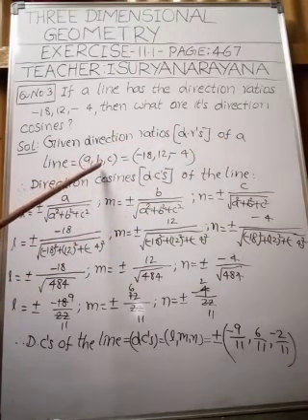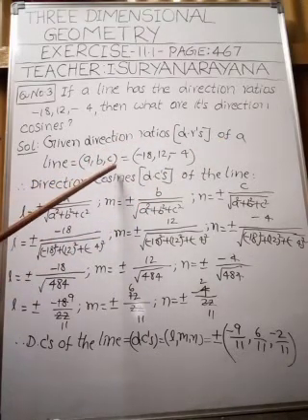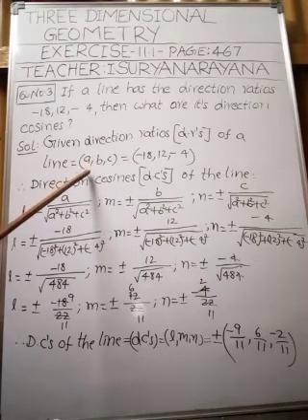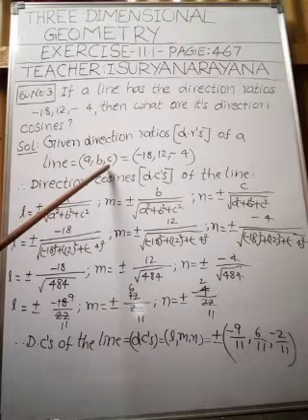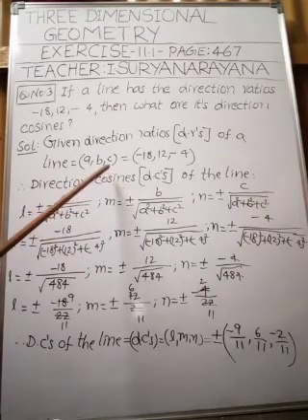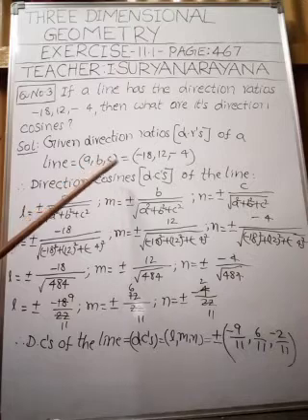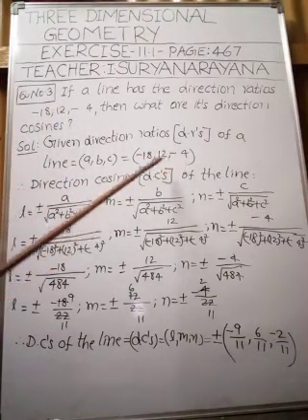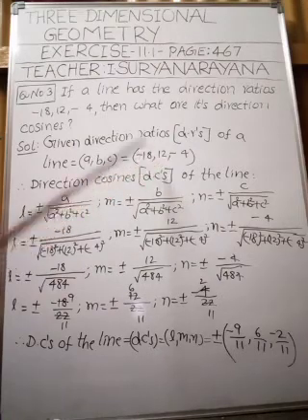So let us write the direction ratios of a line: small letter a, comma, small letter b, comma, small letter c. Generally, we denote direction ratios of a line by a, b, c. Previously, at the time of concepts, we have discussed this point. That is equal to minus 18, comma, 12, comma, minus 4. Understood this step? Right.